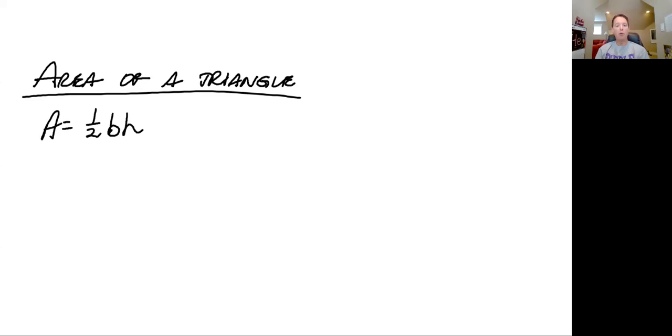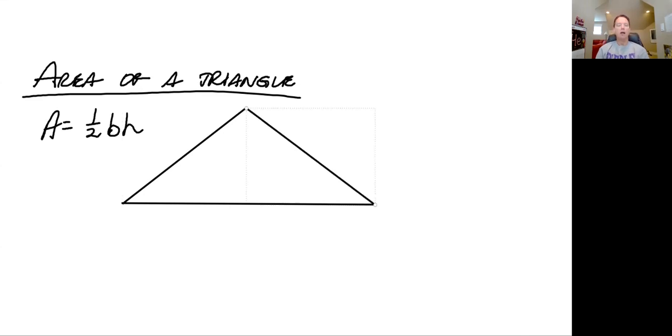I'm going to draw an example problem that illustrates how you would use it. Here we have a base of 18 and a height of 6. At this point in a pre-calculus course, you look at that like, yeah, that's a pretty easy problem. 1/2 times 18 times 6, and we're done.